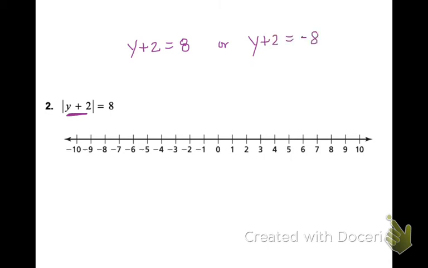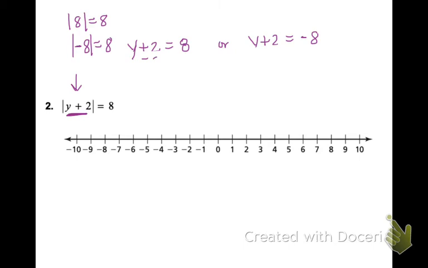And the reason that we do this is because what goes inside right here could be positive, or technically it could be negative, right? And they both have an absolute value of a positive 8. So we need to set that expression equal to the 8 or to the negative 8 and solve for y.